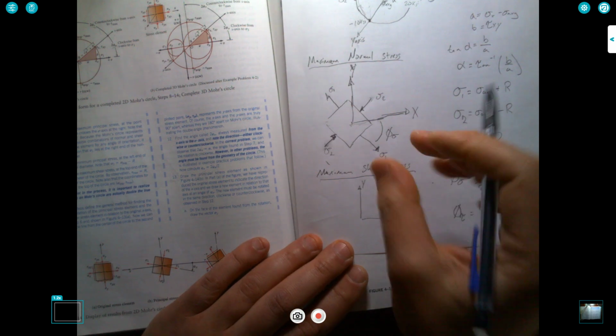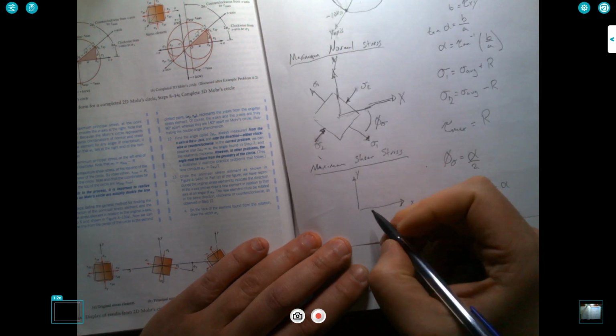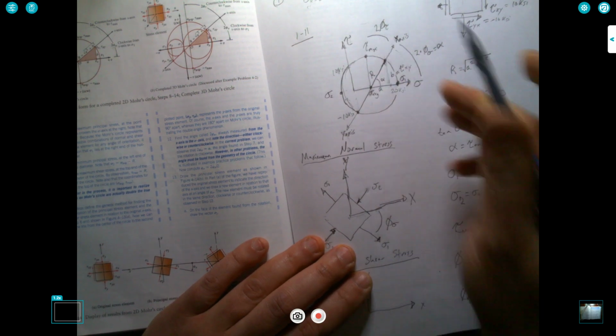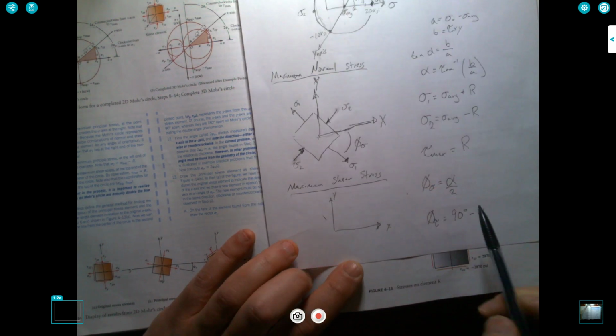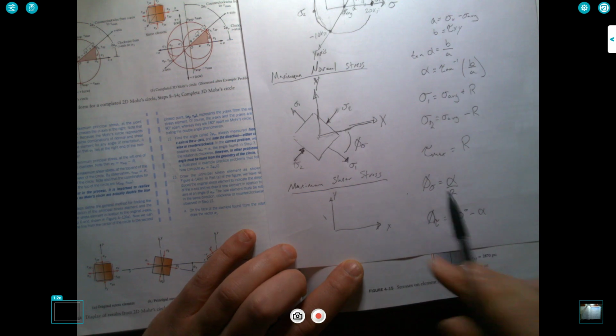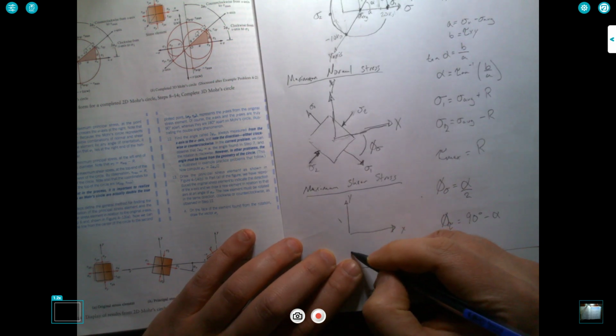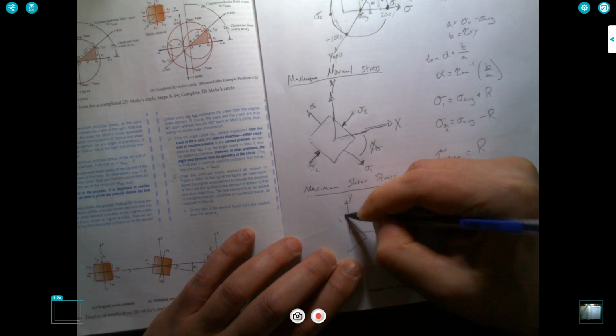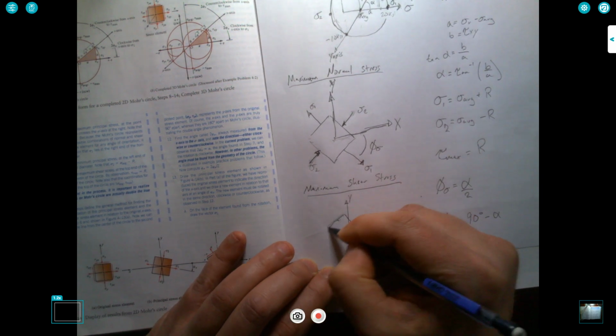And then we want to rotate the stress element by this angle that we found, or really half of this angle, right? And again, you can use 90 minus alpha to get to that. And you're rotating it, again, kind of exaggerated, because I'm not sure what the angle would be at this point.